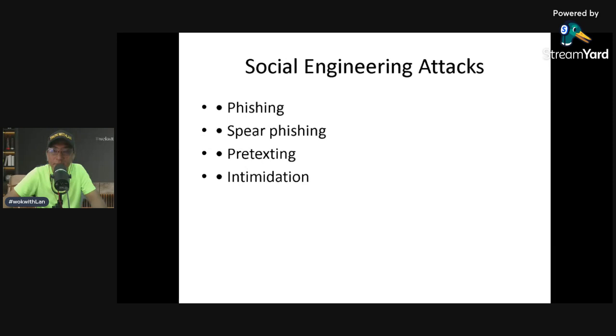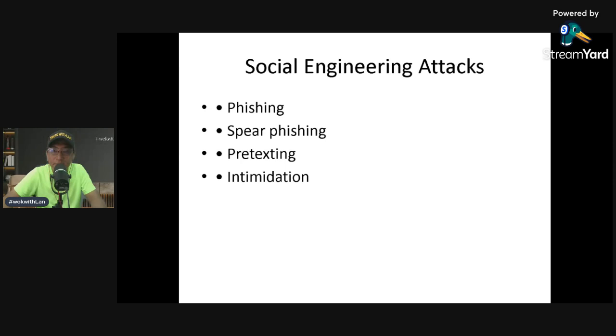Okay, so sometimes, right, we use tools to attack machines. But when we want to attack people, we use social engineering. Social engineering attacks target people instead of systems. Because as I have said, humans are considered the weakest links.